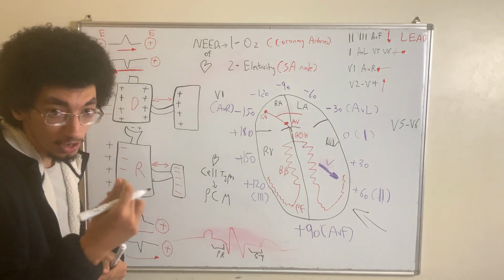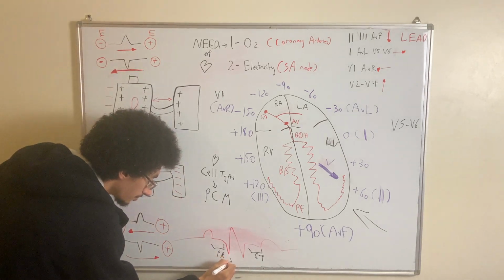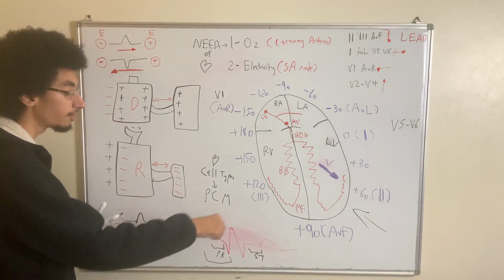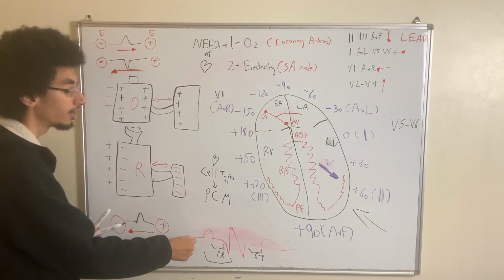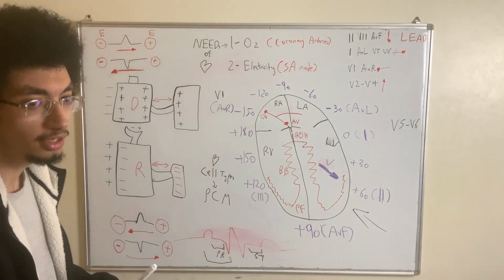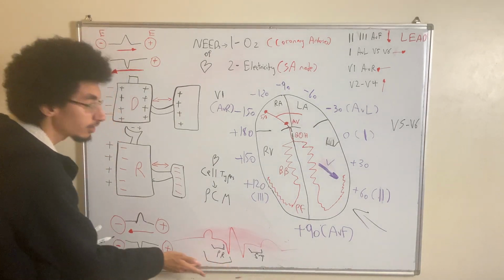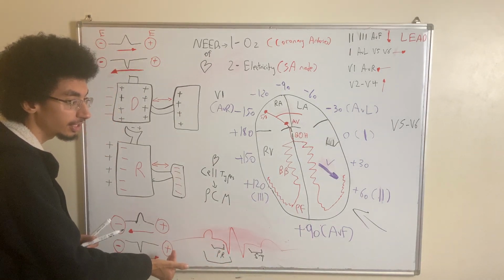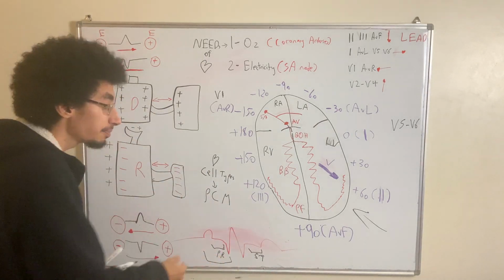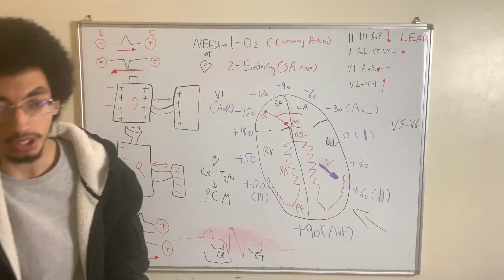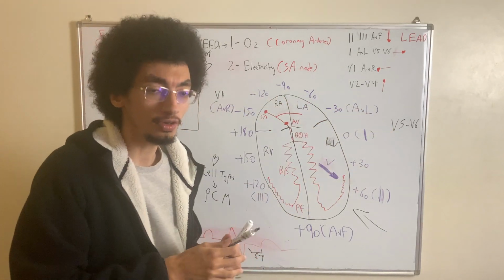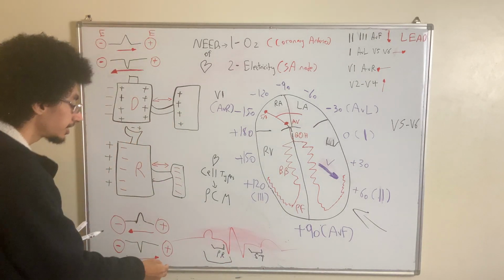A PR interval means the same idea, but from the beginning of atrial depolarization to the beginning of ventricular depolarization. So we have a longer distance where we start from the beginning. Intervals start from the beginning of one action, but a segment starts from the end of one action, then goes towards the beginning of another action. Okay? So that's the key difference.